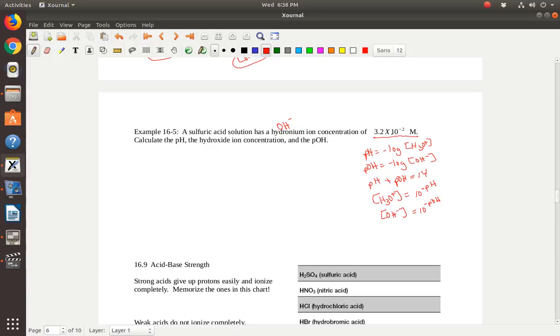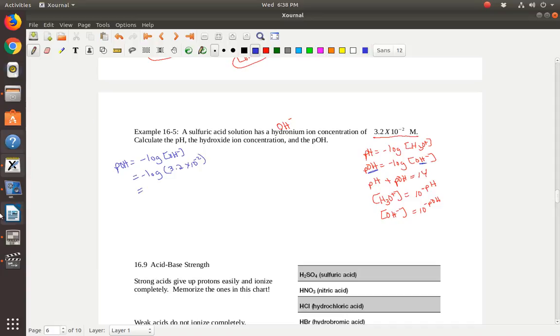Here's the hydronium ion concentration. What do I have then? I already have this thing right here. That means I can calculate the pOH. pOH is a negative log of the hydronium ion concentration. So it's the negative log of 3.2 times 10 to the minus 2.